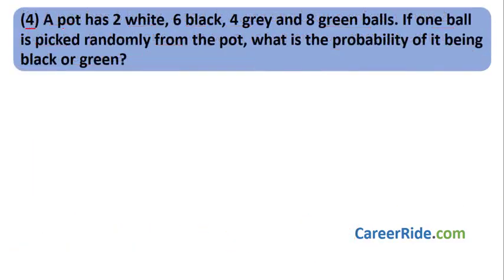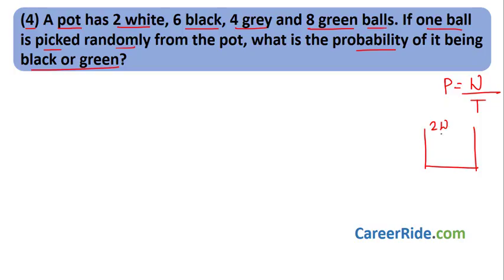Question number 4. A pot has 2 white, 6 black, 4 grey and 8 green balls. If one ball is picked randomly from the pot, what is the probability of it being black or green? Again, extremely easy. Probability is what I want divided by total. There is a pot. There are 2 white balls in it, 6 black balls, 4 grey balls and 8 green balls.